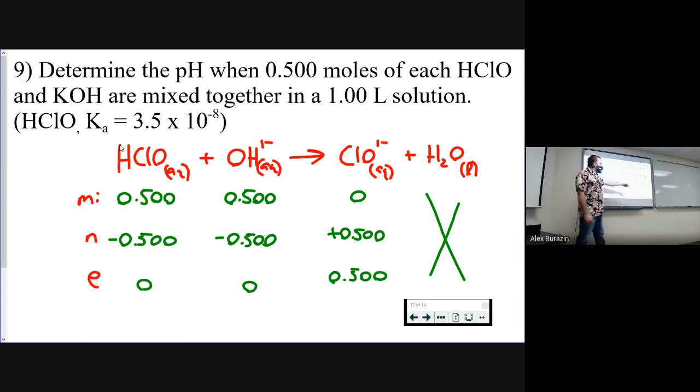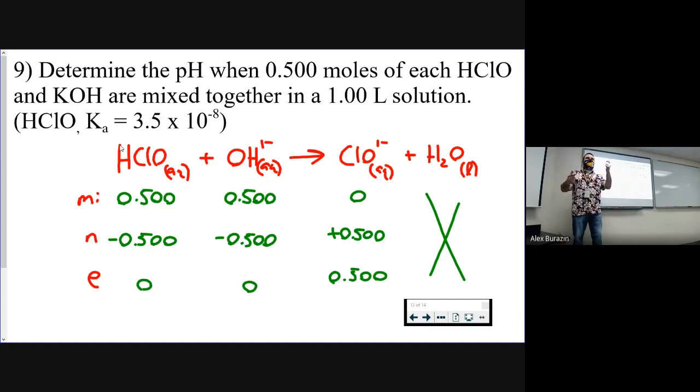Well, it's not neutral because it came from a weak substance. You remember when we did that whole salt thing, right? Yes, you do. When you analyze salt, you analyze the cation, you analyze the anion separately.